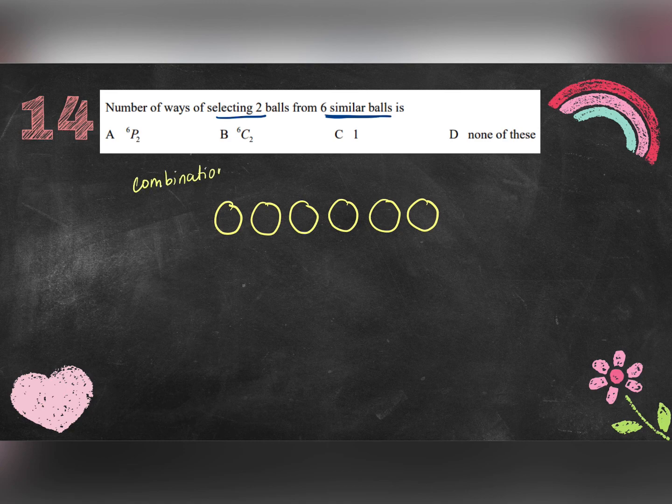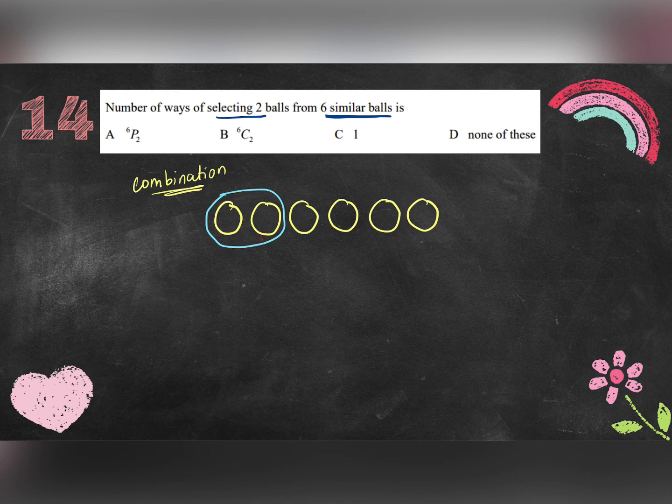Combination punya case. Okay. So, kalau kita ada 6 bola yang sama, kita pilih je mana-mana pun, dia akan dapat benda yang sama. So, bila saya nak pilih 2 bola, dia tak kisahlah sebab dia adalah bola yang sama kan, similar balls, identical. So, pilih mana-mana bola pun, dia tak akan membawa benda yang berbeza lah.